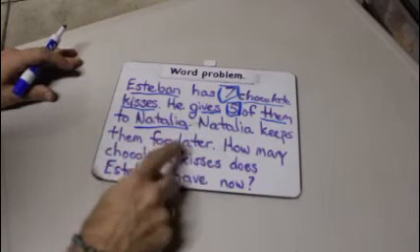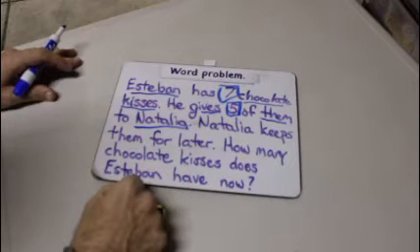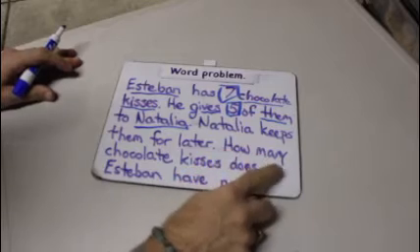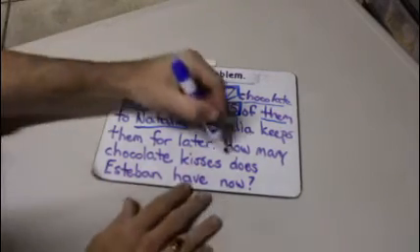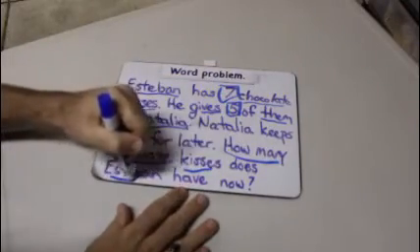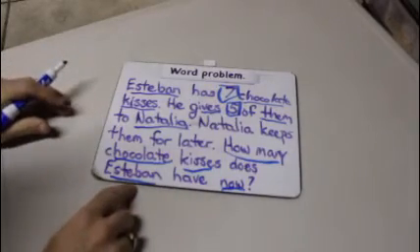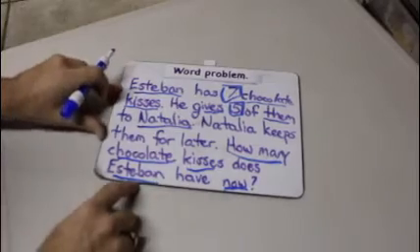Natalia keeps them for later. Smart move. Keep them for later when no one's around, Natalia. But not important for our problem. So we want to know, how many chocolate kisses does Esteban have now? Okay? Remember, yesterday I tried to fool you guys, but this time it's Esteban. So how are we going to do our problem?